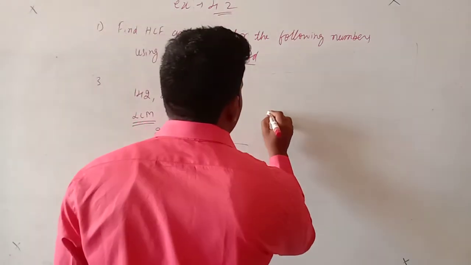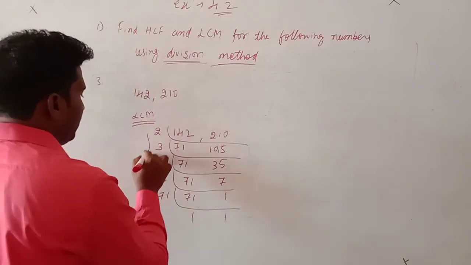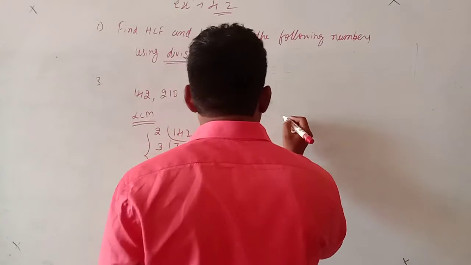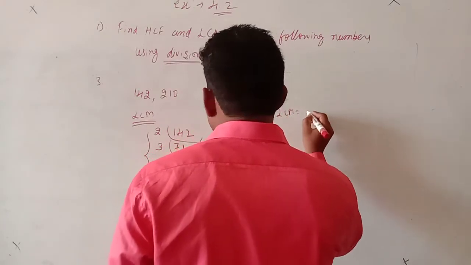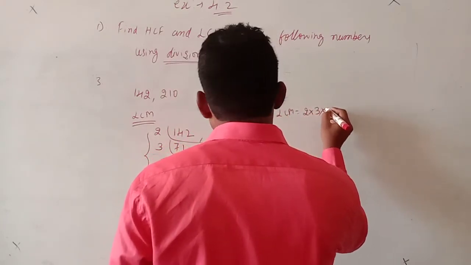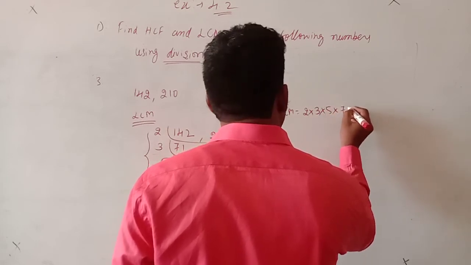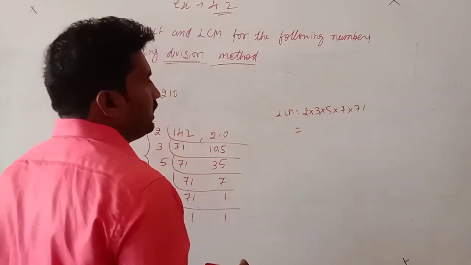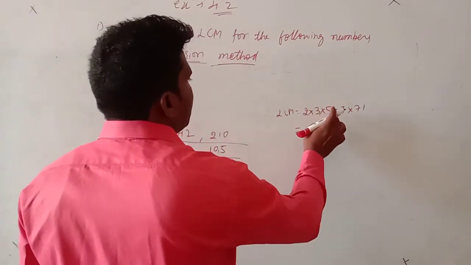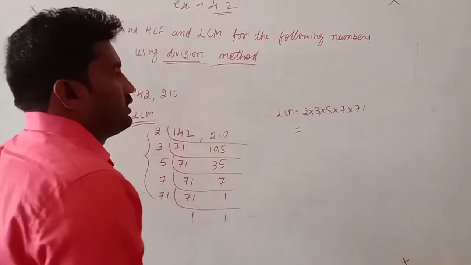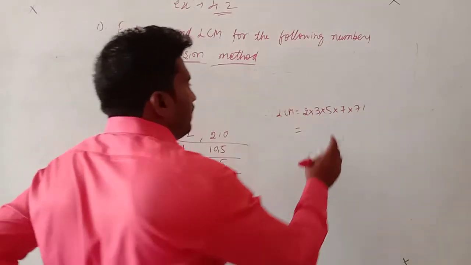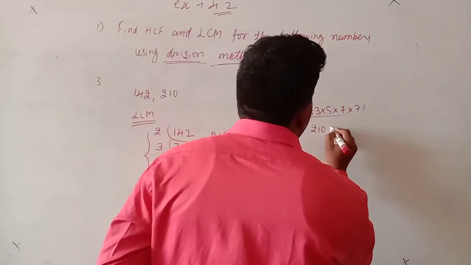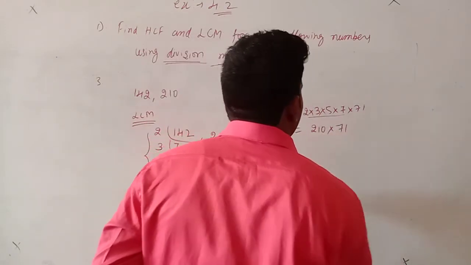Now we have to multiply the divisors to find the LCM. That is, LCM equals 2 into 3 into 5 into 7 into 71. 2 threes are 6. 6 fives are 30. 30 sevens are 210. 210 into 71.